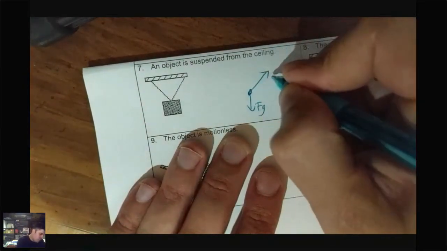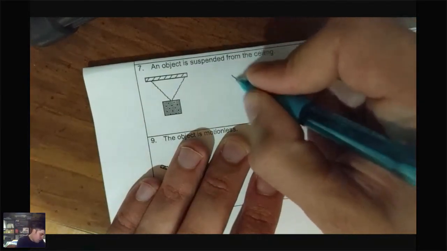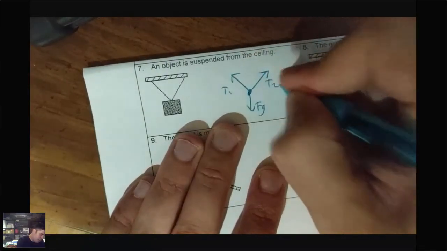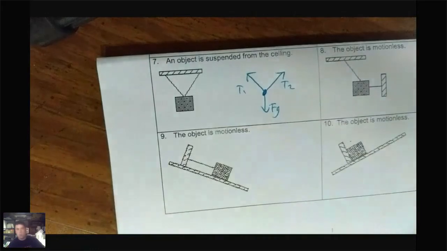And this is where you get to decide what we call each of these. I'm going to call one T1 and the other one T2 for tension rope 1, tension rope 2. But you can flip-flop those around or change it however else you want to. That's really up to you as far as which ones you choose for that.